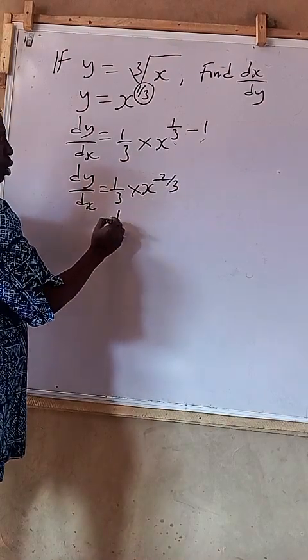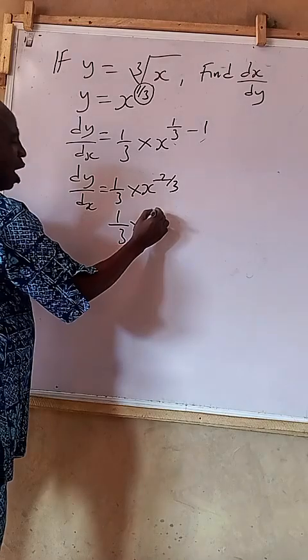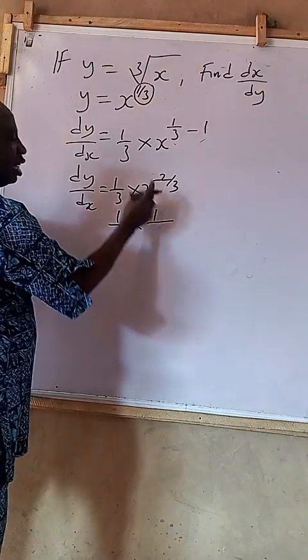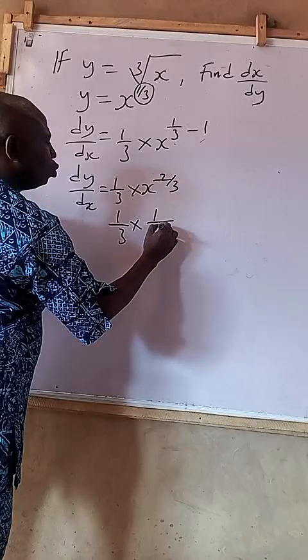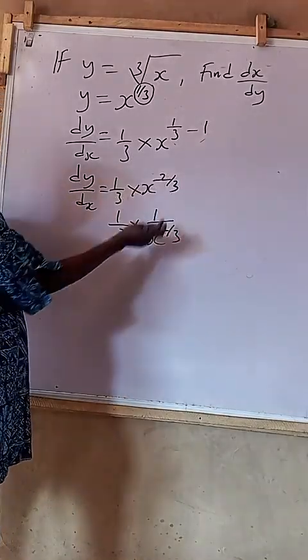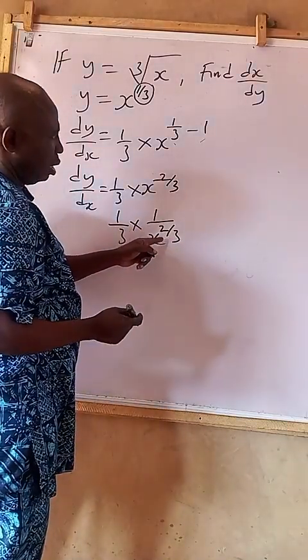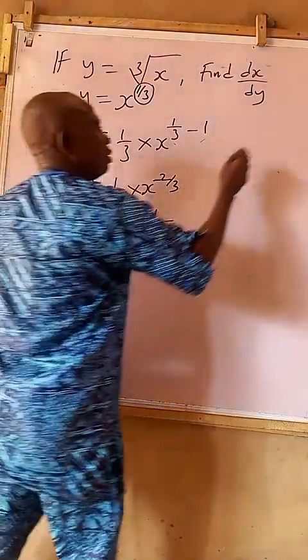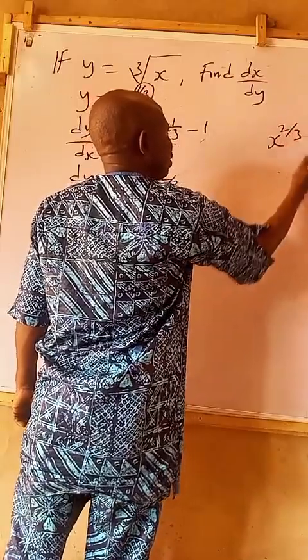This means 1/3 multiplied by 1/1, that will give us x raised to power 2/3. We have removed this negative, that's why. Then you can still turn this one to something, x raised to power 2/3.